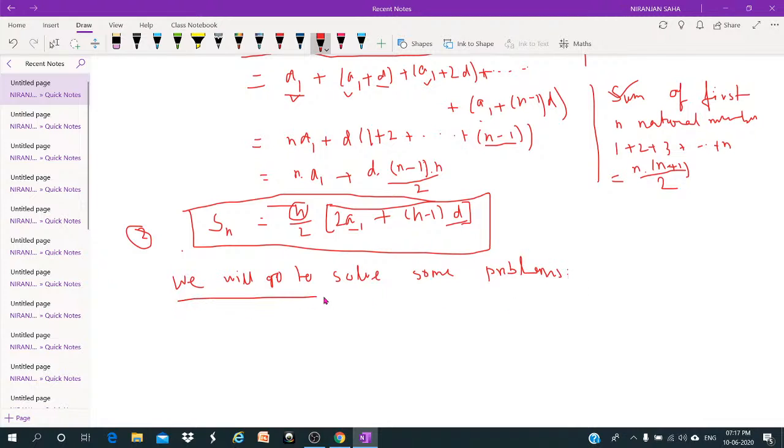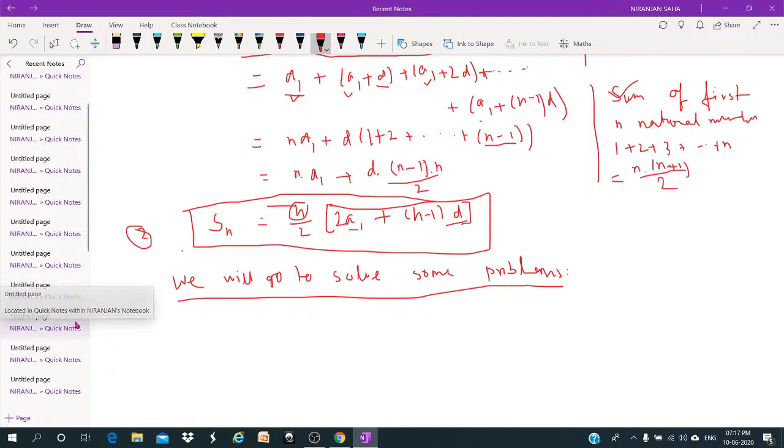But before this, we have to keep in mind some information. The sum of the first n natural numbers is equal to this.